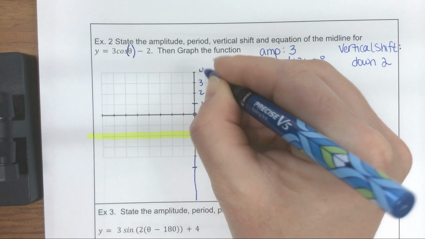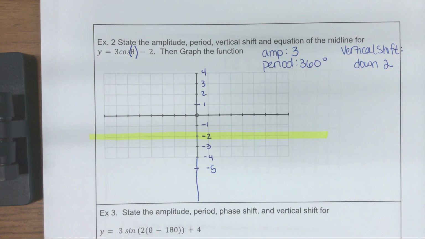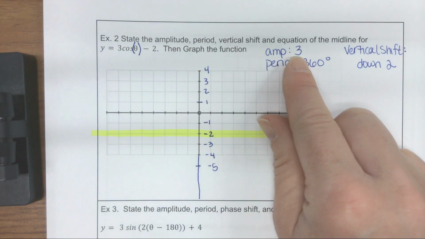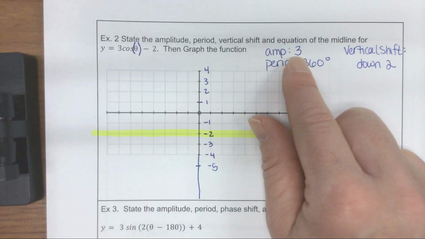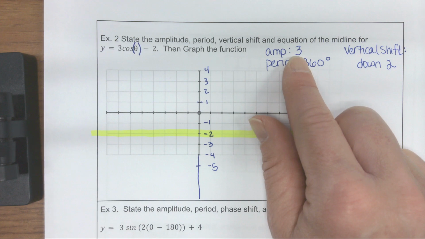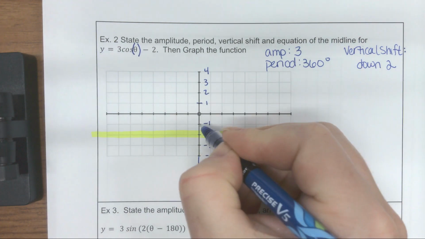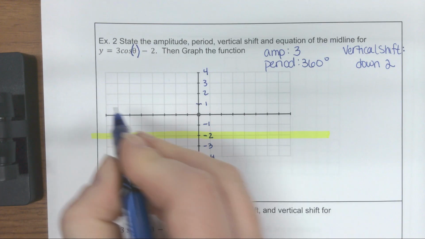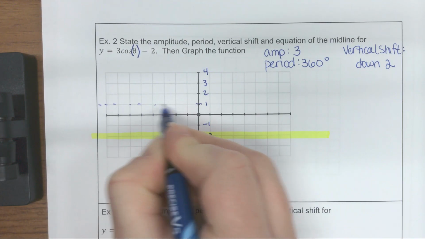Okay, step 2 on my list from the previous page. If I find the amplitude, which is 3, I'll draw dashed lines 3 above the midline and 3 below the midline. If I went 3 up from the midline, I'm going to do a dashed line at 1.